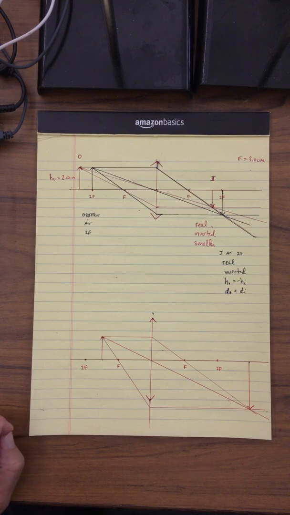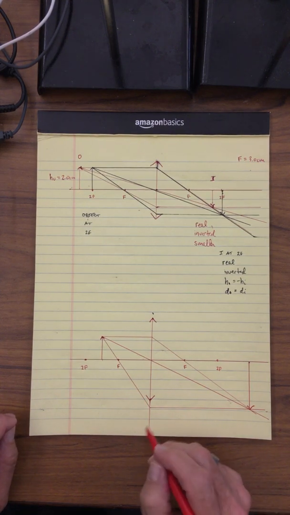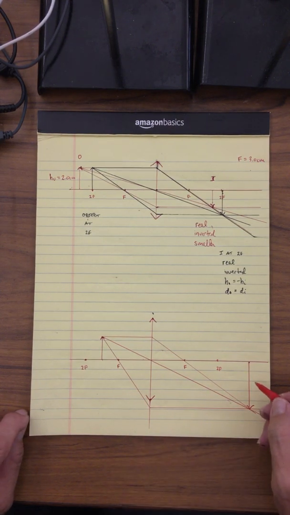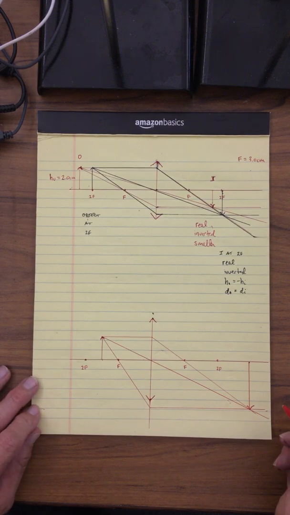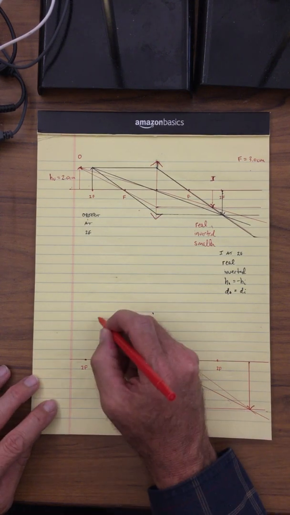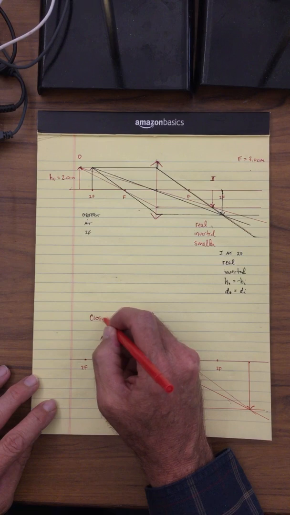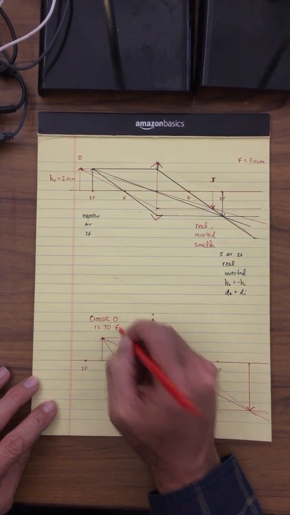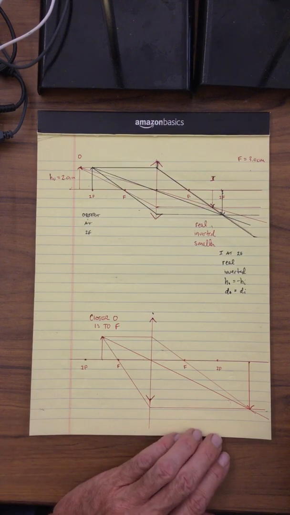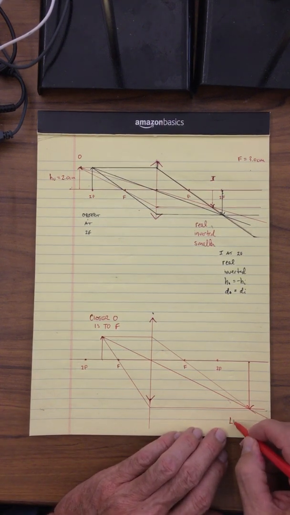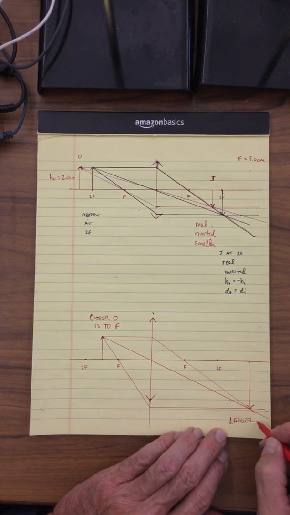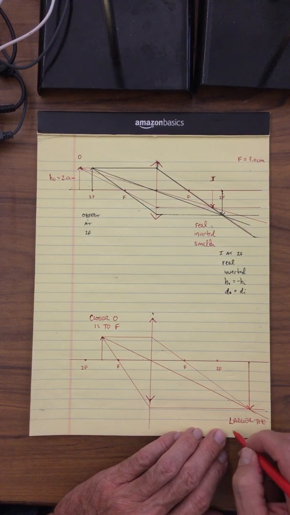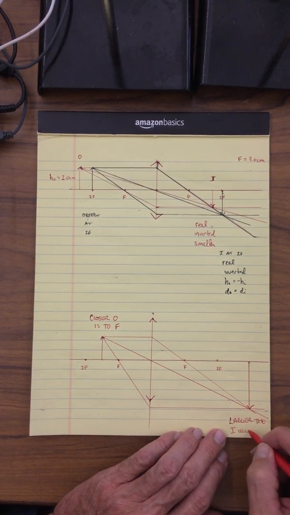So the closer you get to the focal point, the larger the image is going to be. So the closer the object is to the focal point, the larger the image will be.